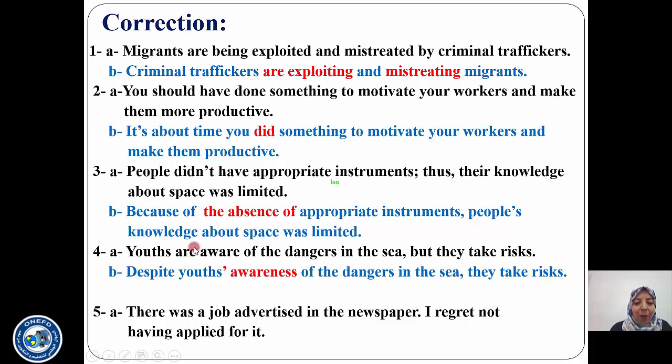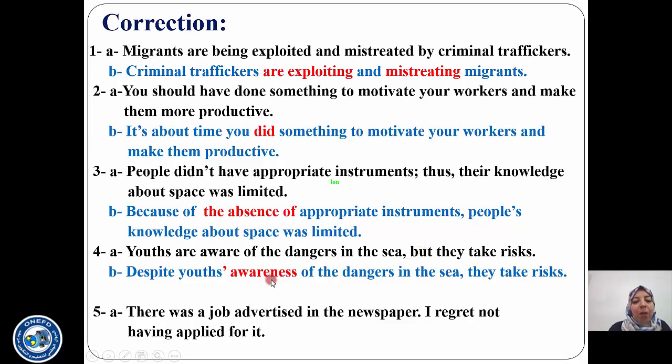You remove the verb. So once you remove the verb, what is remaining? Aware of the dangers in the sea. It's not enough. We need to turn our adjective into a noun: awareness. So you say, despite or in spite of yachts' awareness of the dangers in the sea, they take risks. Notice that we have removed but.